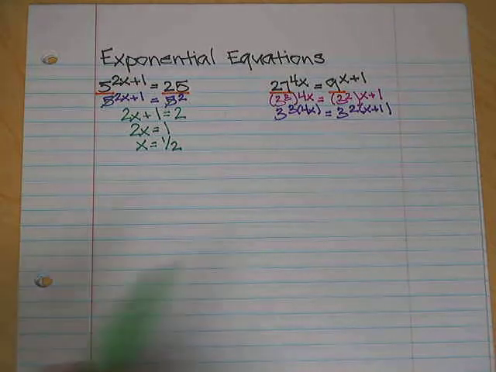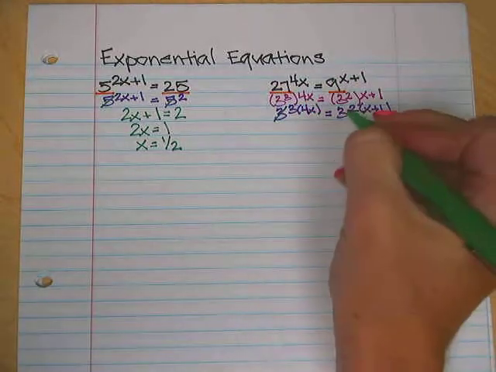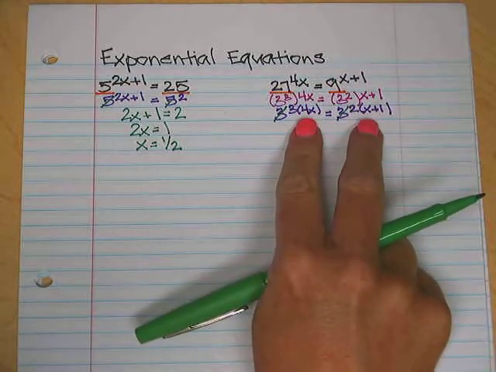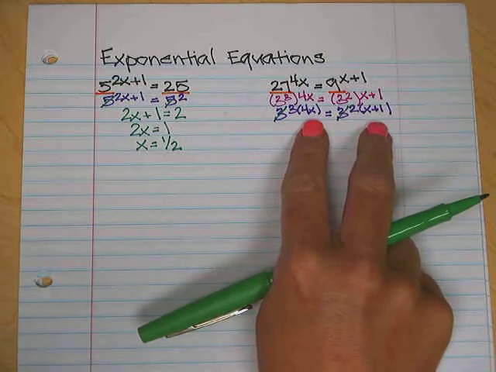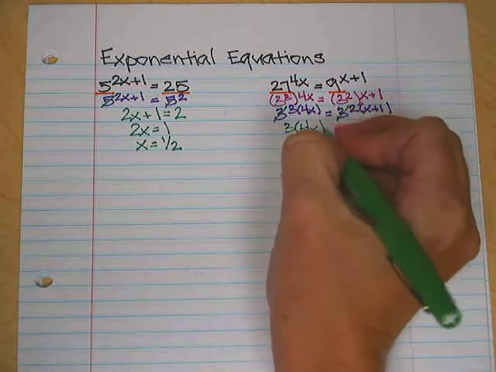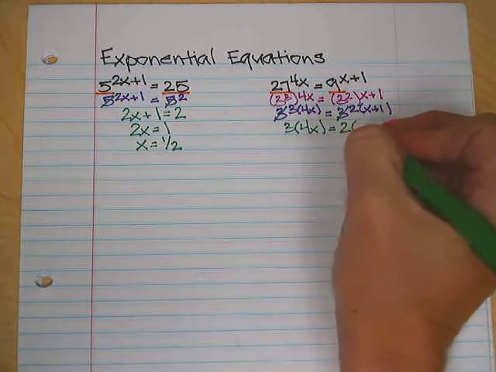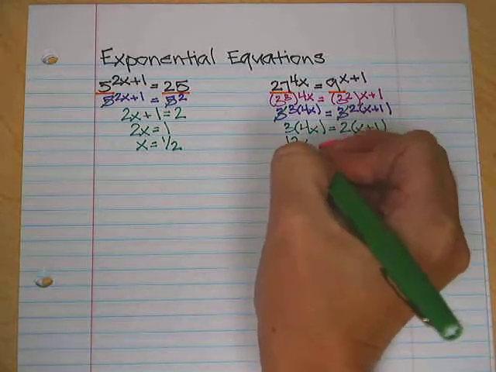So now we have the same situation that we had in the previous problem where our bases are equal, so we can ignore them and deal only with the exponent, because if the bases are equal, then the exponents are equal. So 3 times 4x equals 2 times x plus 1.